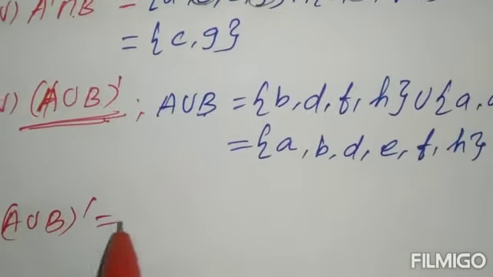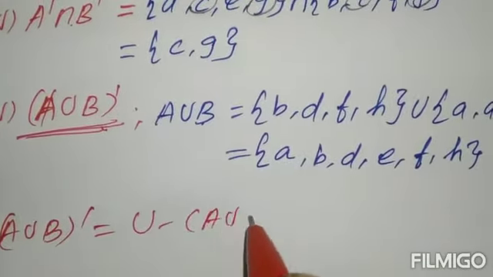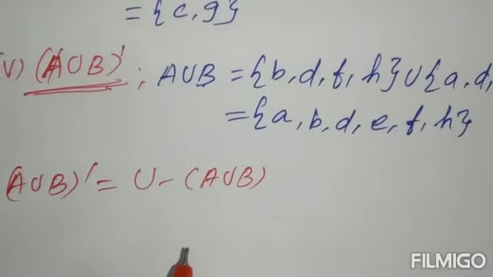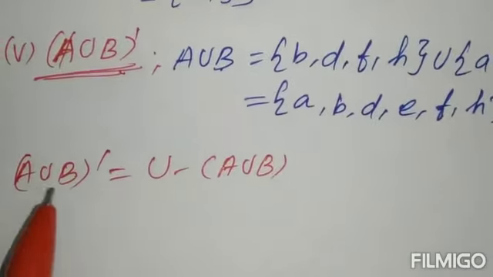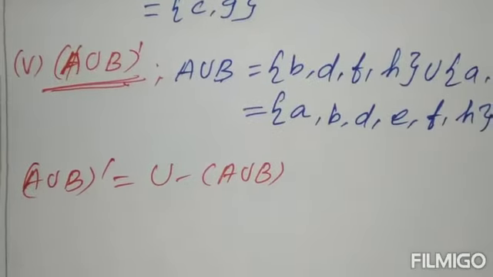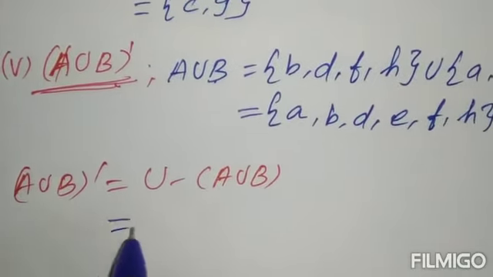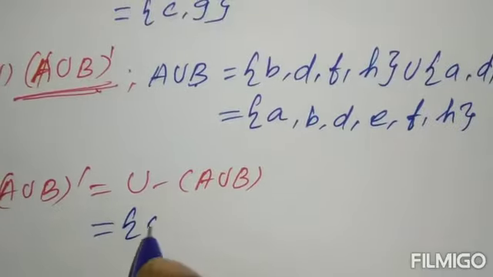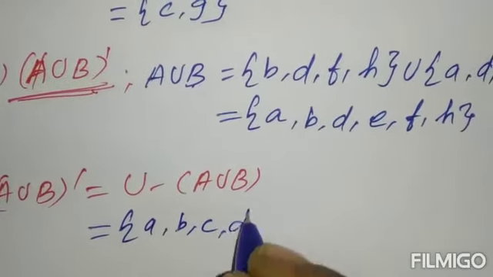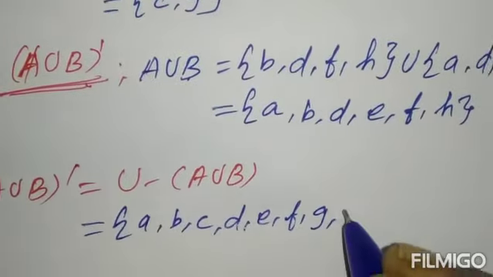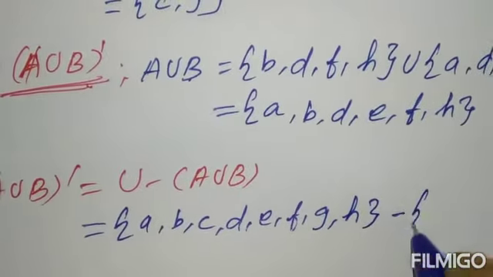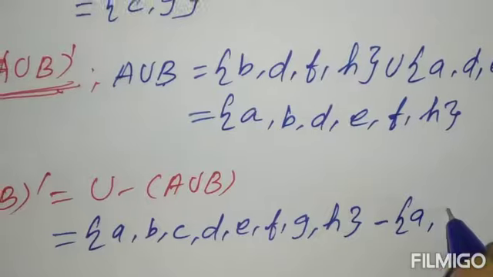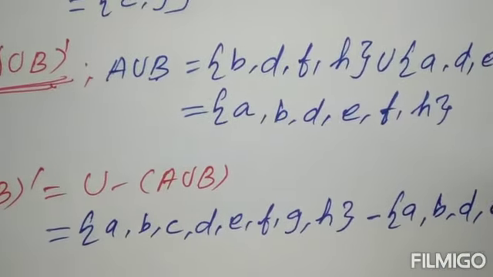A union B the whole complement is equal to U difference A union B. Whatever the complement, we have to take the difference from U. So first listing the elements of U: A, B, C, D, E, F, G, H. Difference elements of A union B. So write the elements of A union B: A, B, D, E, F, H.